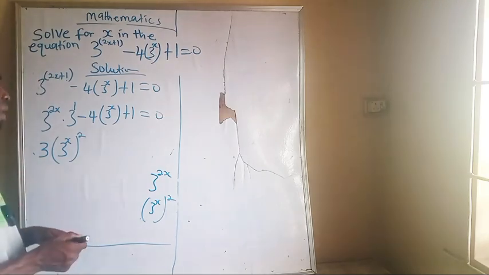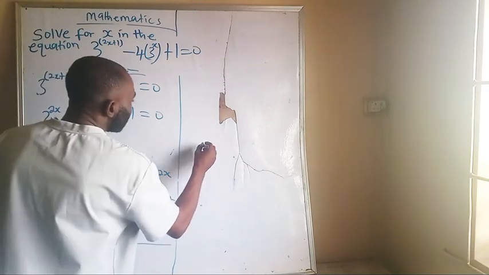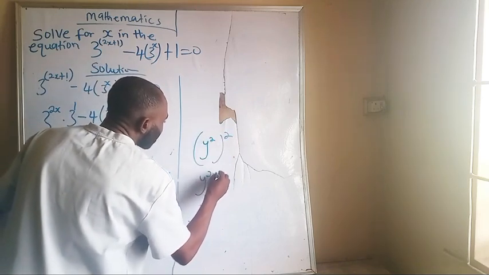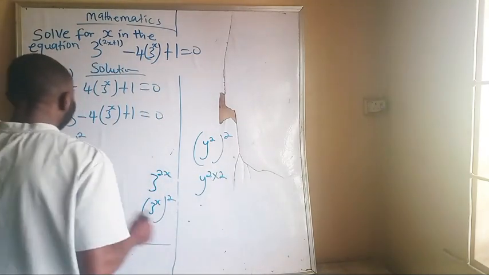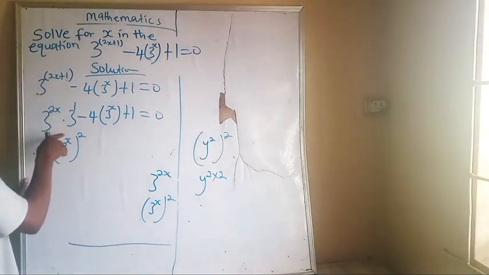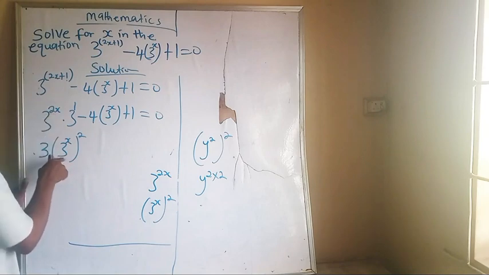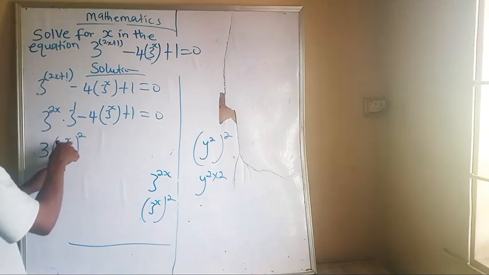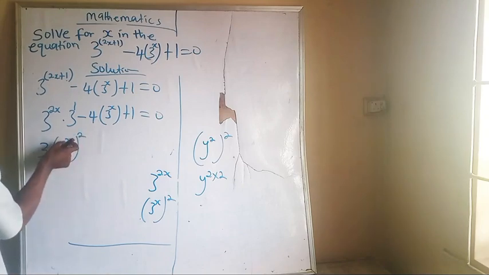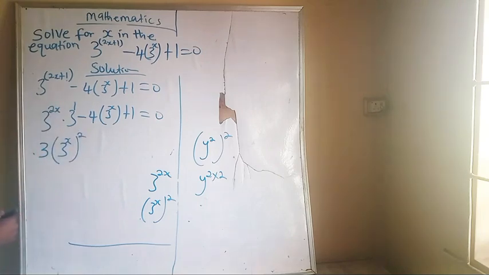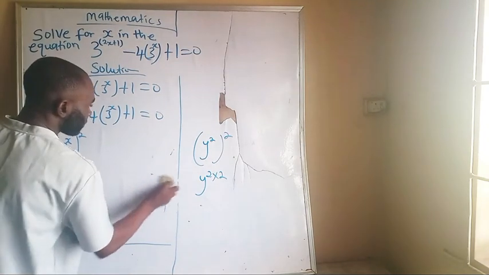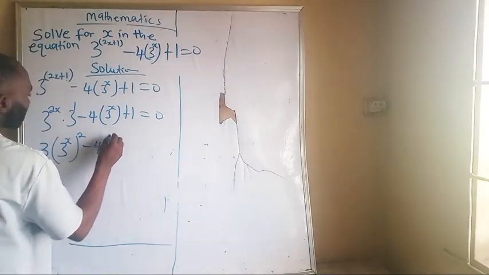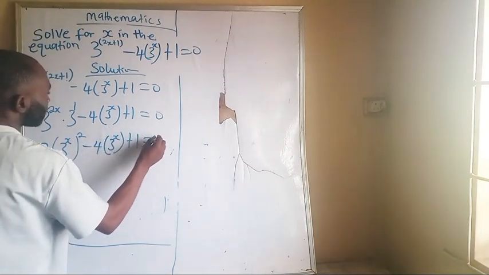The power law, which states that if y is raised to a power and then raised to another power, the powers should multiply. So 3 to the power of 2x means 3 to the power of x raised to the power of 2, because the powers multiply and give you what is here. So let's continue. Then minus 4 bracket open 3 to the power of x plus 1 is equal to 0.